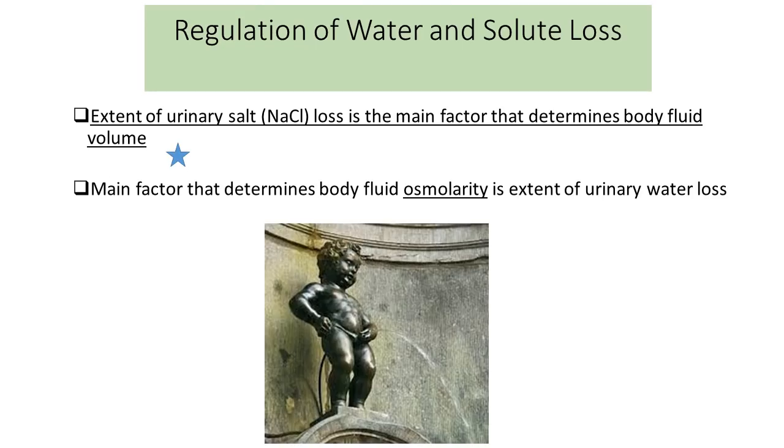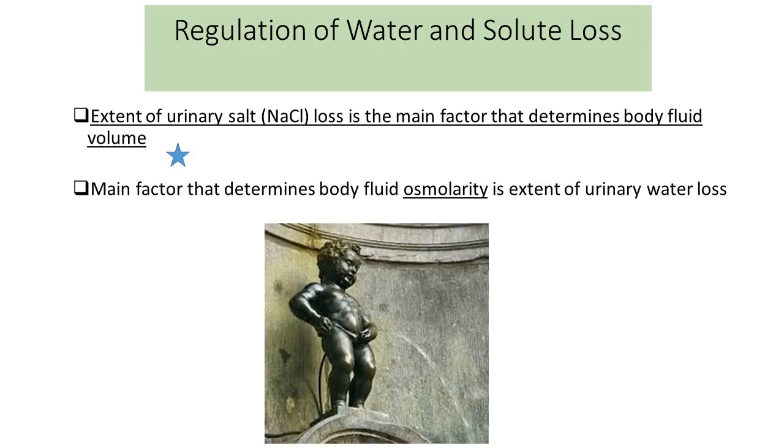A major premise in the body is the movement of water in relation to sodium and chloride. Generally, when we're trying to move water from one compartment to another, first we will move sodium. That tends to be the primary cation, or electrolyte, that is moved, and sodium is a positively charged ion.